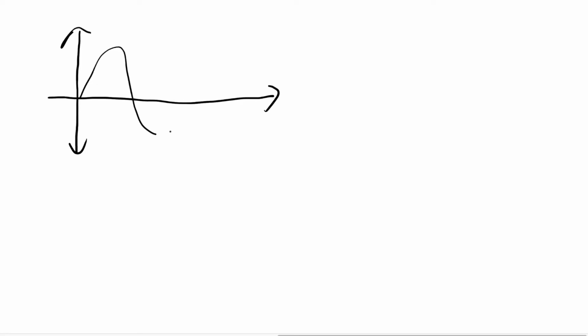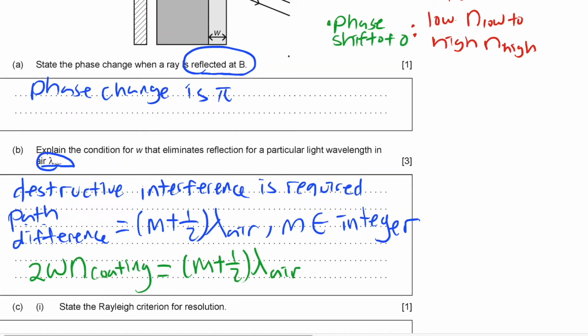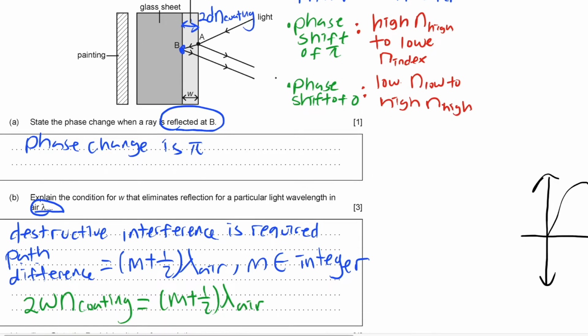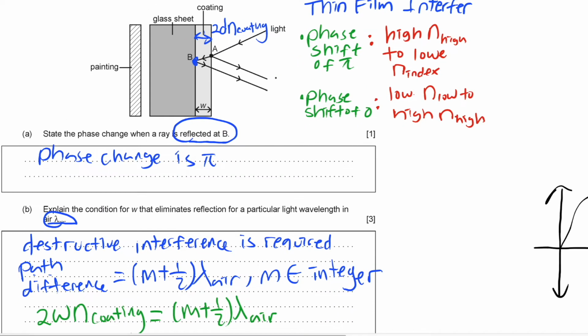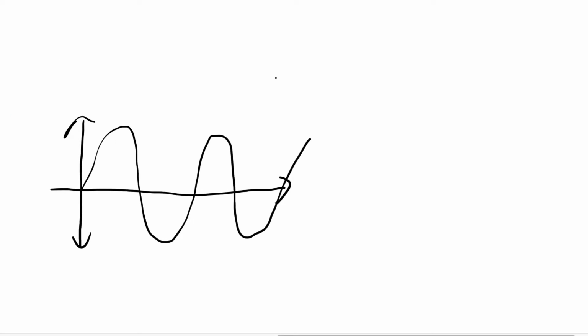So let me draw a diagram here. So this is the initial wave pattern. And then what happens is that it experiences a phase shift of pi.